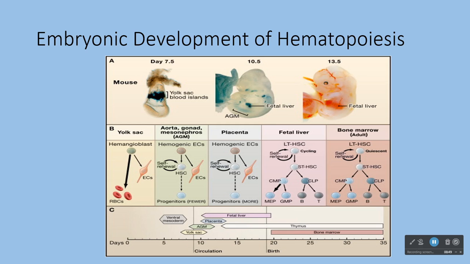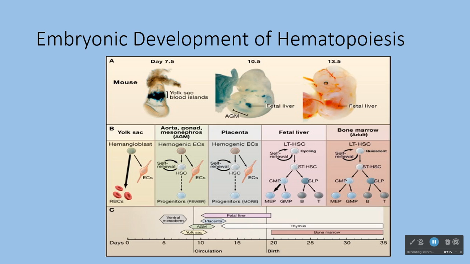Now, as time goes on, and I want you to pay attention to this, as the days of gestation of the baby go by, you can see that there's overlapping. There's never a time where one stops and then the other one starts. They start working in unison with each other. That way we're never without cells. Does that make sense?